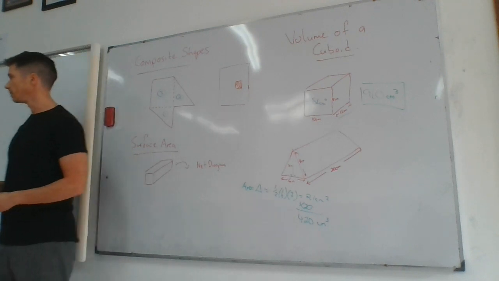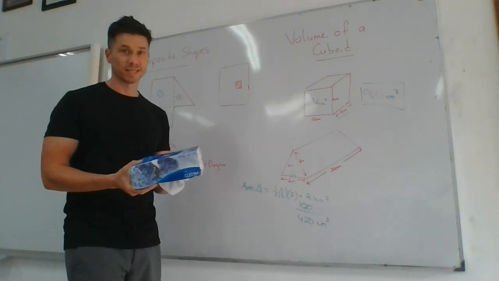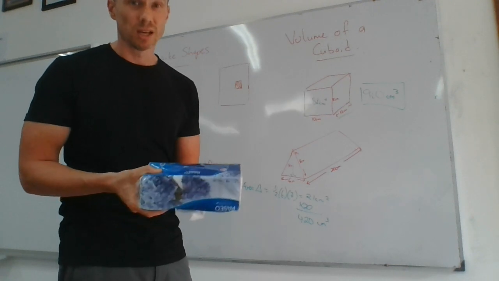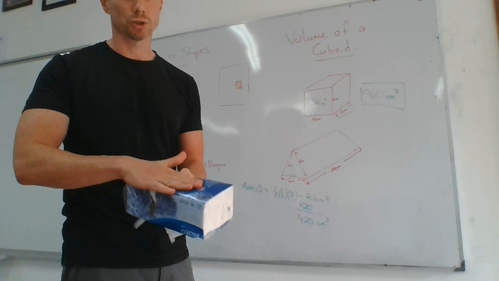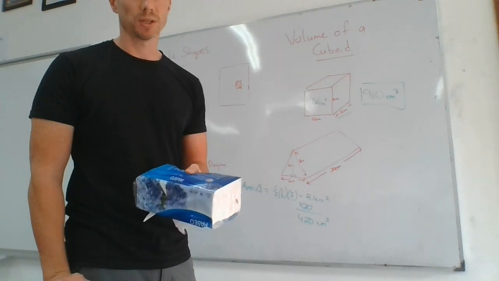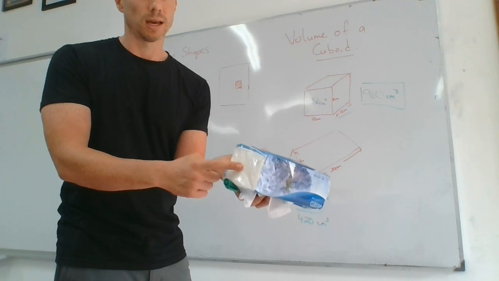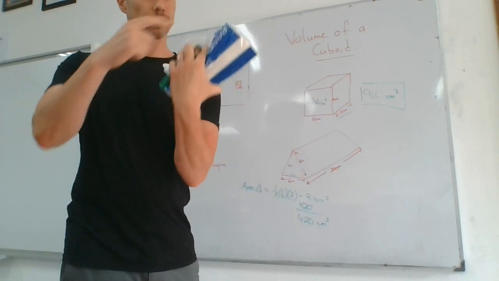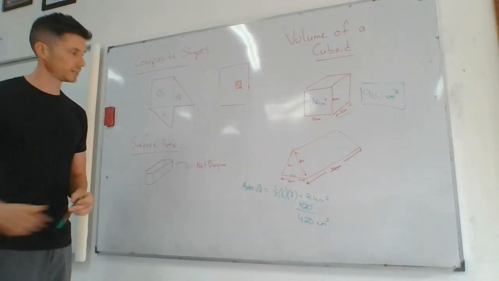But if we were to get something that's three-dimensional, we can see that there is more than 3 surfaces. We might be able to only see 3 at any one time. 1, 2, 3. But don't forget about the other side, 4, and the back, 5, and the bottom, 6. So this particular one has 6 surfaces.